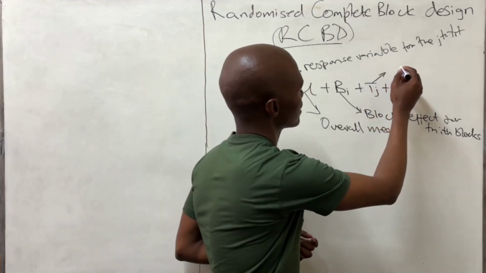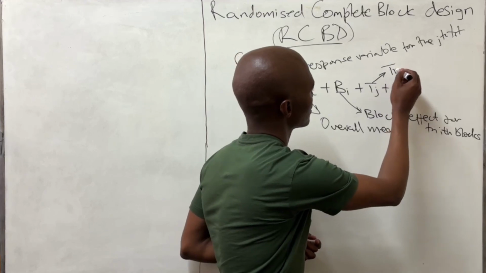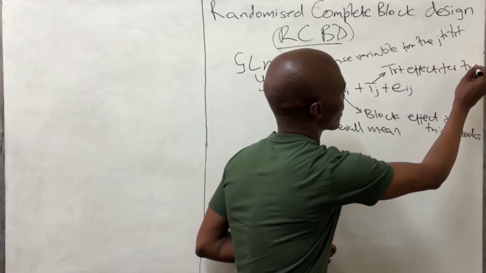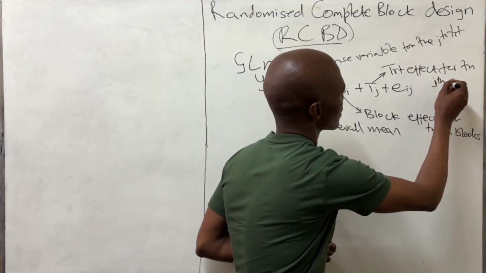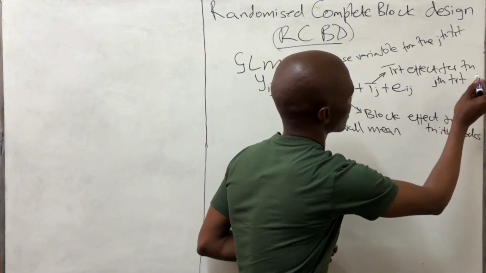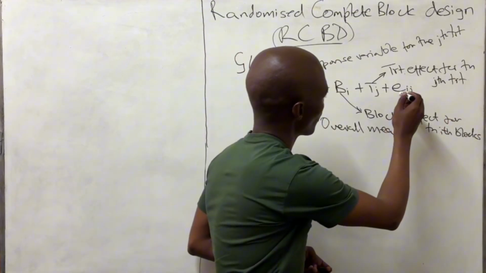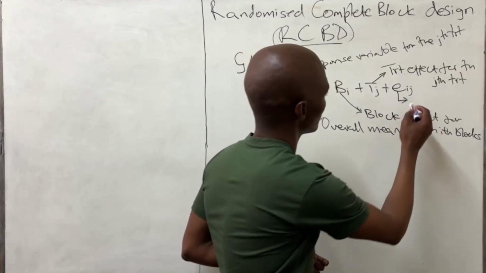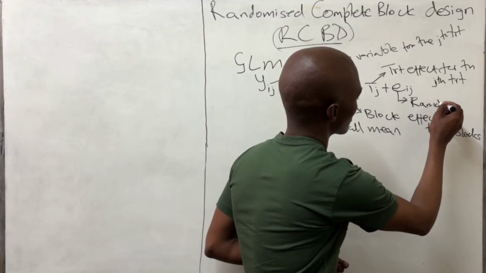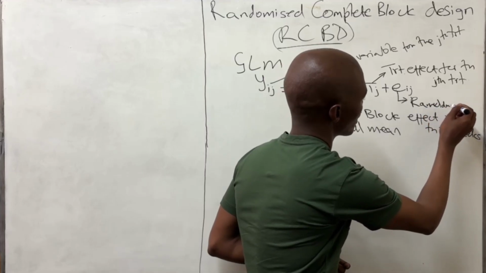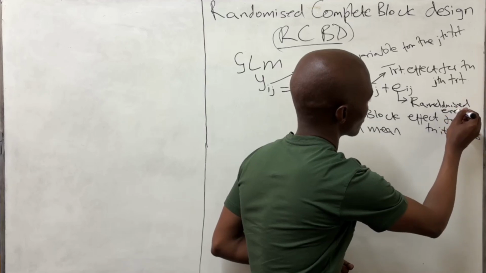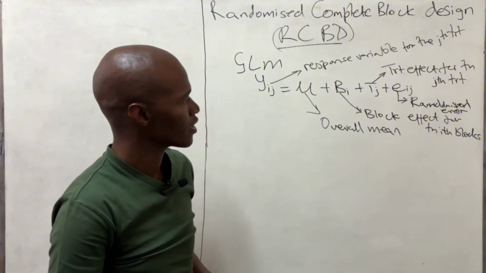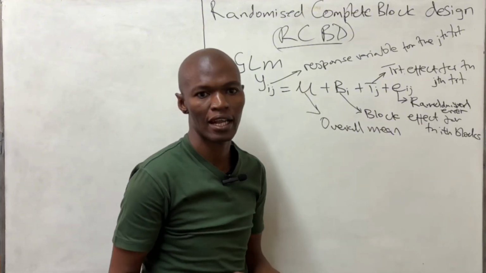So this is the Tj, our treatment effect for the jth treatment. Then the last one here is the error, the Eij, which is nothing but a random error or the residual error. That's what we have in our general linear model.